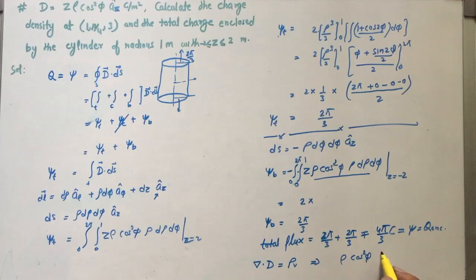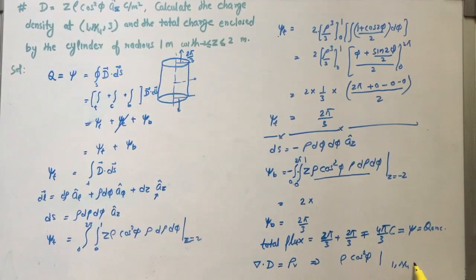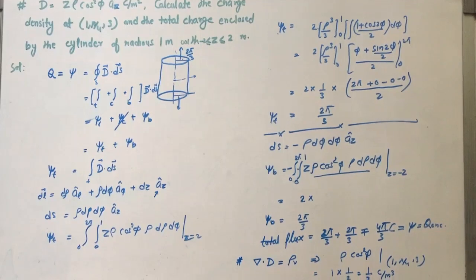If we put the values of 1 and pi by 4, then rho is equal to 1 into cos pi by 4, which is equal to 1 by root 2, and 1 by root 2 square is equal to 1 by 2. There is no z, so the charge density will be half coulomb per meter cube. So this is the charge density. Let me make it more clear.